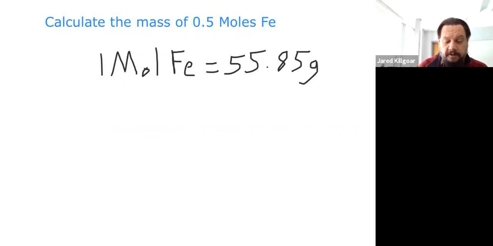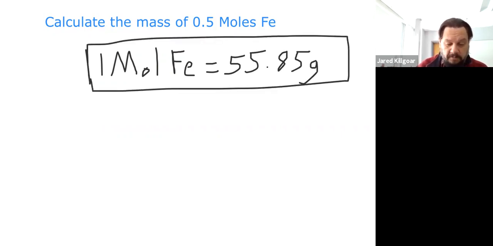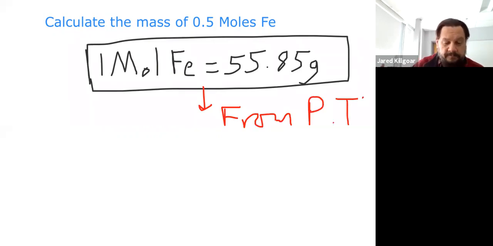That is directly from the periodic table. Again, I'm going to abbreviate periodic table PT.